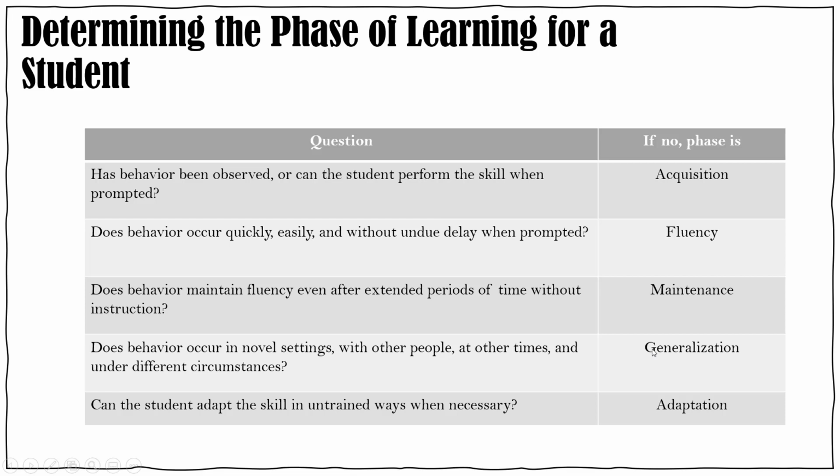If no, they're in generalization. If yes, they pass generalization. And then lastly, can the student adapt the skill in untrained ways when necessary? And that would be your adaptation phase. So those are just some quick questions that you guys can ask yourself to assess the phase of learning for a particular learner or a particular student.